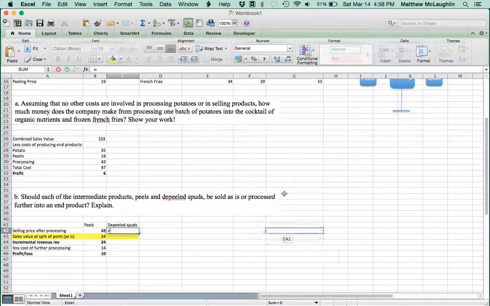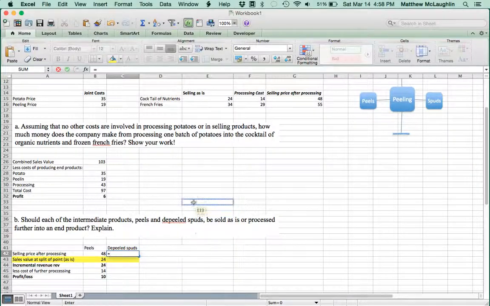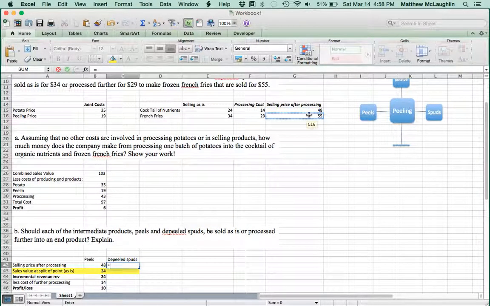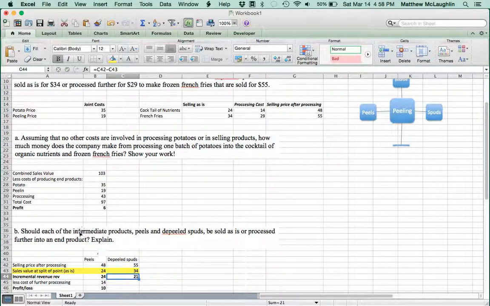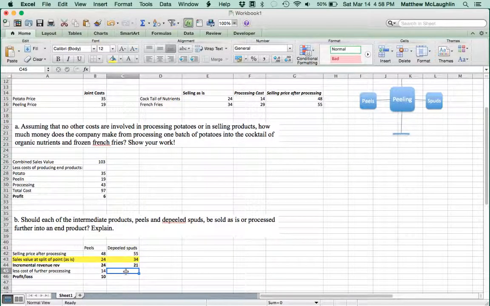Now, what about the peeled spuds? Let's see. Selling price after processing is $55. You say, oh, $55, that's real nice. But what's its as is price? $34. That's kind of steep. So now, like we did before, we do this minus this, and we only make $21 on turning it into a fry.